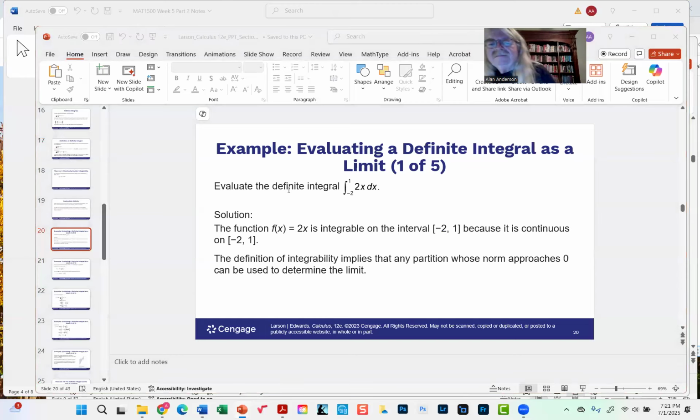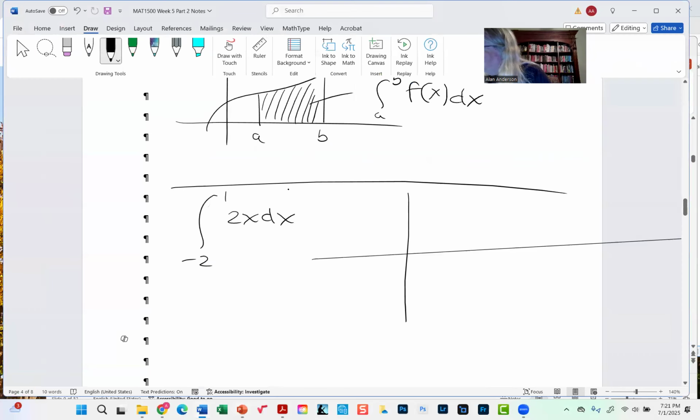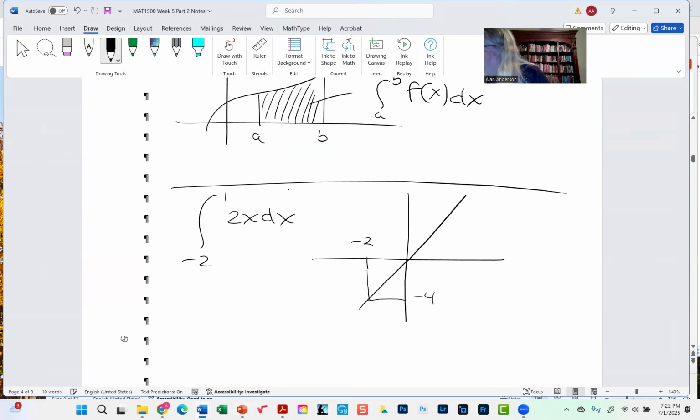All right, so that shaded region is what we're actually looking for here.